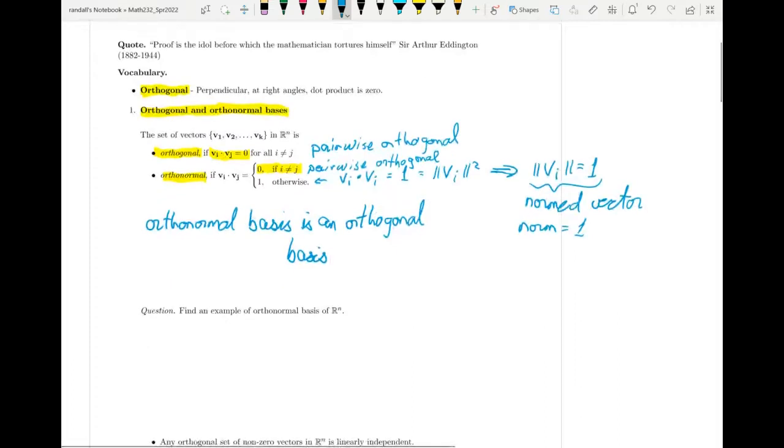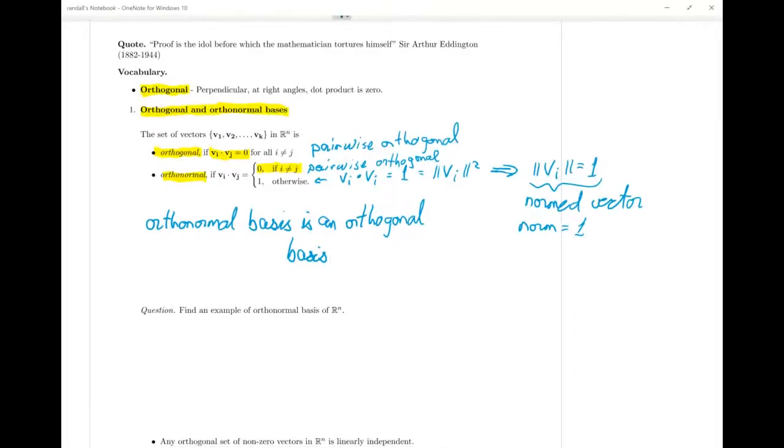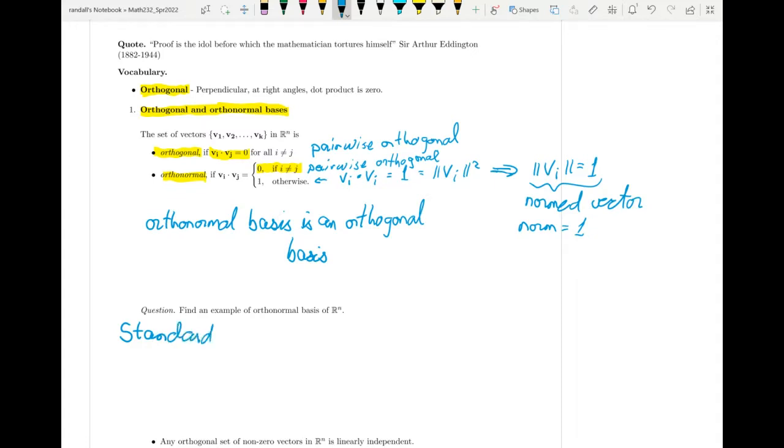So for example, the standard bases are orthonormal. Okay, so the standard bases, which we've been denoting as e1, e2, etc., en, are orthonormal bases.